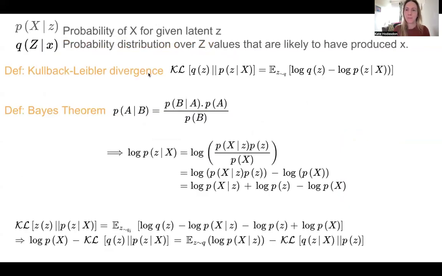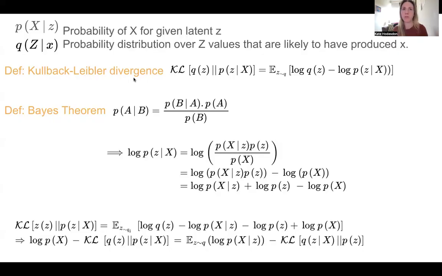Okay, so what we have here is a summary that will just tie those intuitions together. So we have a probability distribution that we are trying to shortcut, the probability of X given Z. And then we have this convenient distribution that we're considering, Q, that is the distribution of Zs most likely to have produced an X. And then we'll just state a couple more definitions.